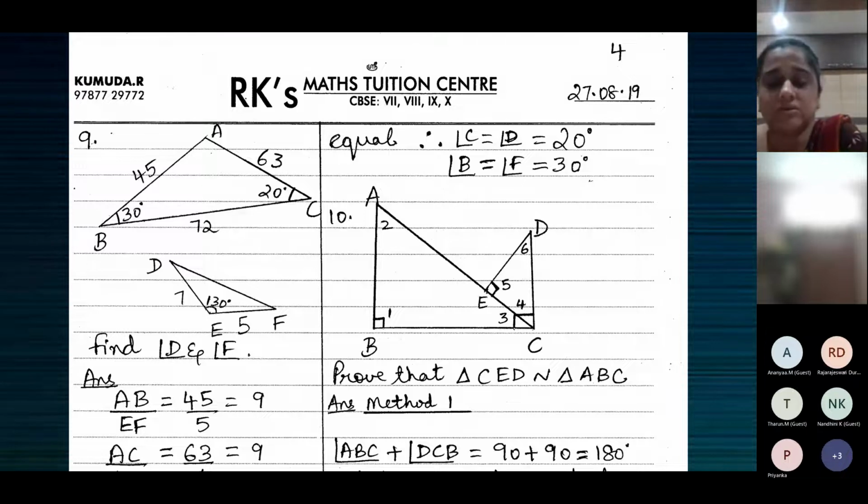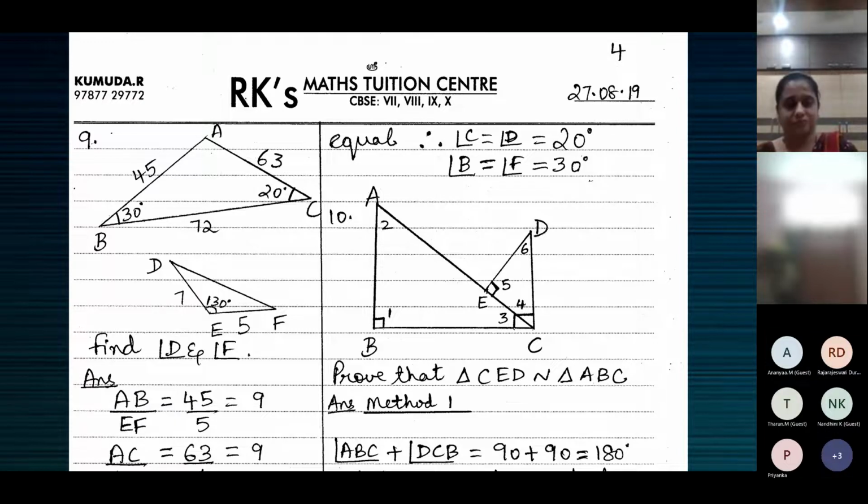So what is the procedure? Read out your answer. In triangle ABC and triangle DEF, AC by AB is equal to DE by EF is equal to 7 by 5. Okay. Angle A is 130 by angle sum property.